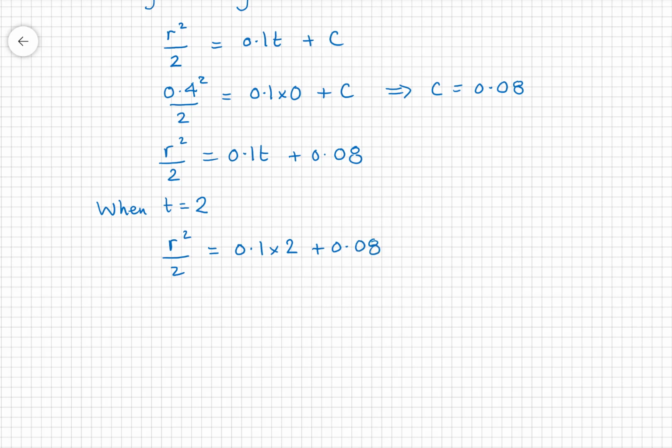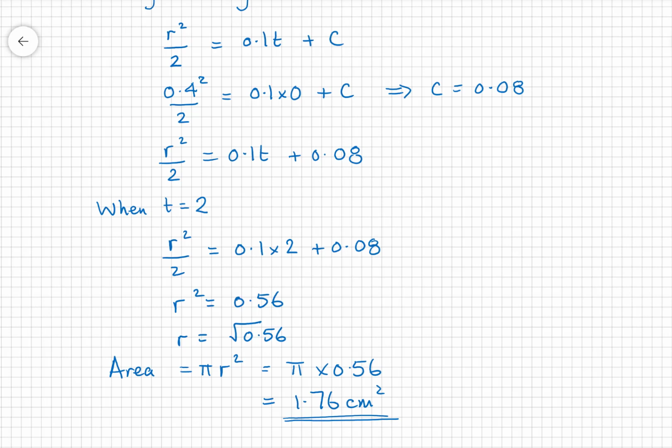We multiply by 2 and we'll find that r squared is equal to 0.56 and r is equal to the square root of 0.56. I don't need to evaluate that because when I come to work out the area, I'm going to be using pi times r squared. So that's going to be pi times 0.56, which works out to be 1.76 centimetres squared, correct to 3 significant figures.